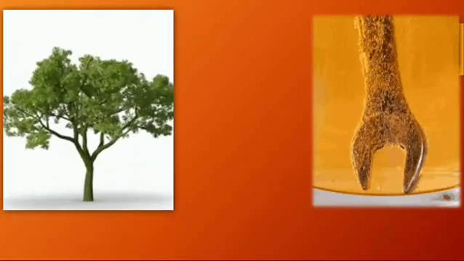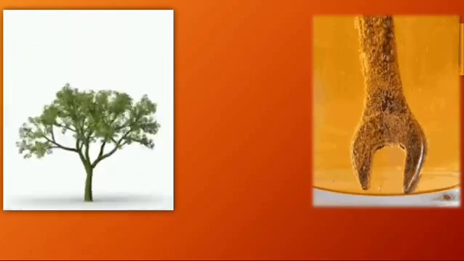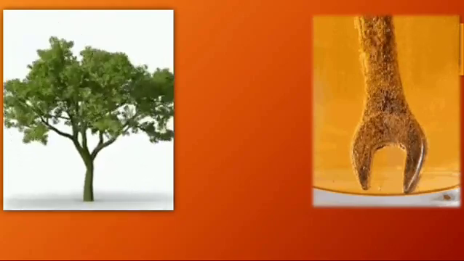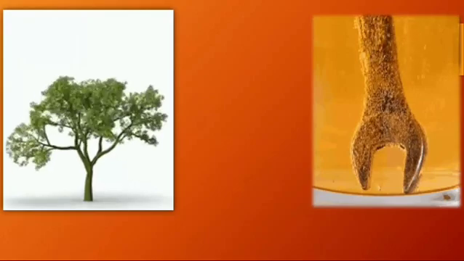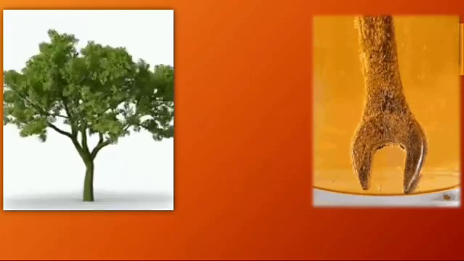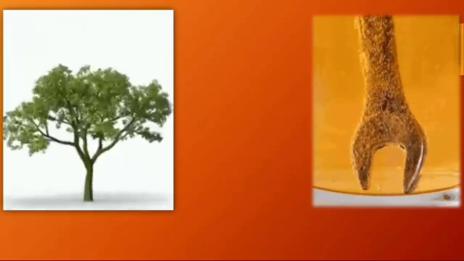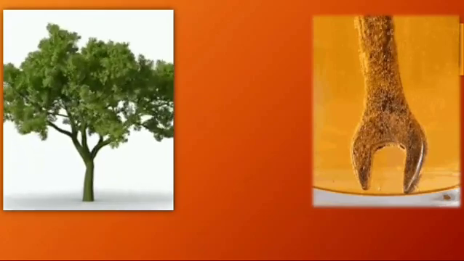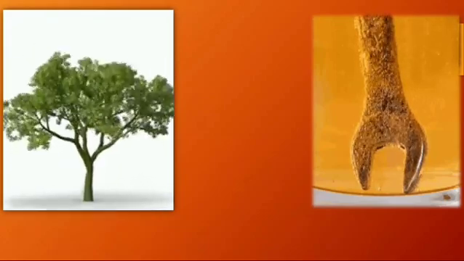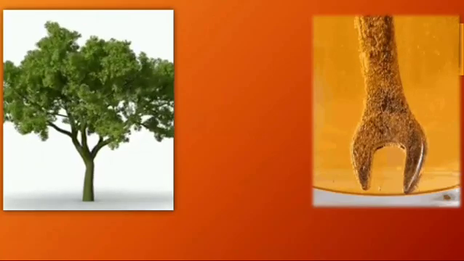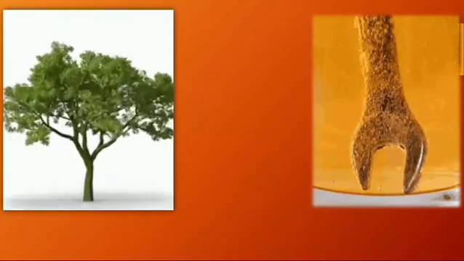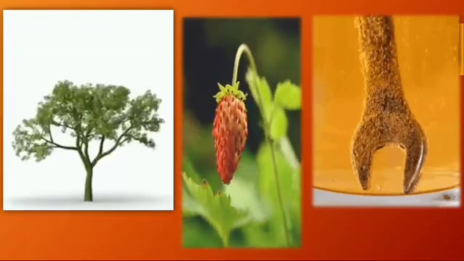Next example, what is that? Growth of a tree, right? So growth of a tree is also an example of slow change. All living organisms, including human beings, grow slowly, which is an example of slow change. Next example, what is this?